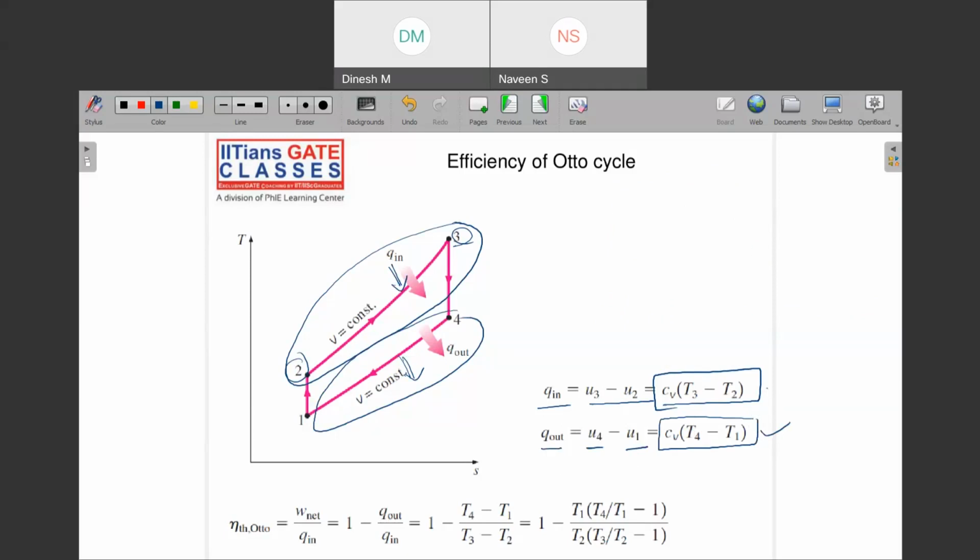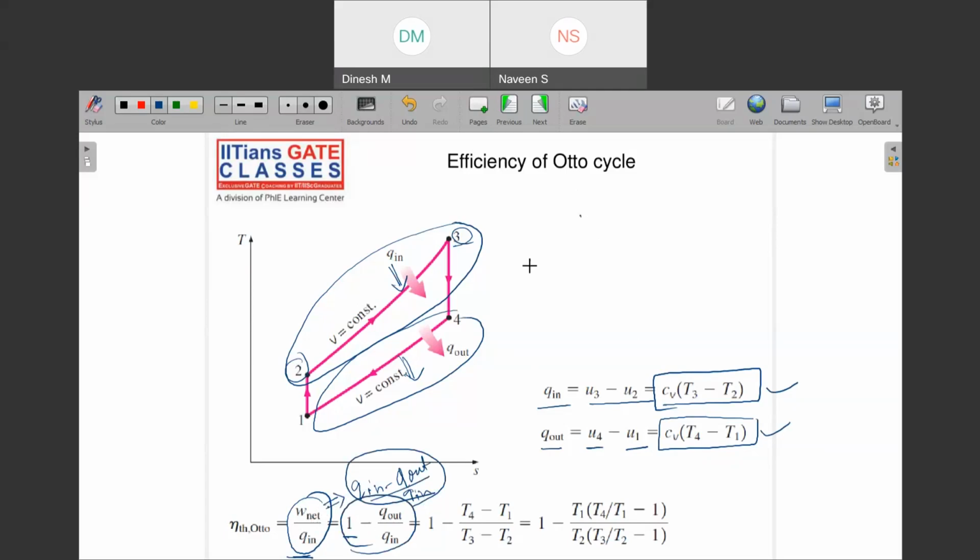Okay. So what is the efficiency? We know that efficiency is nothing but net work upon heat input. And we have appreciated the fact that W net is Q net, and Q net is Q in minus Q out. Then if you solve this, Q net upon Q in converts into 1 minus Q out upon Q in, right?